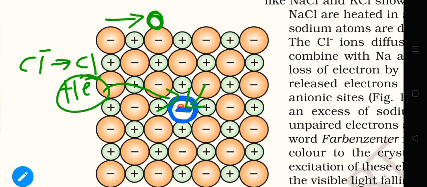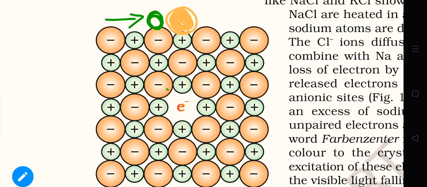And then it will move on the surface and occupy an adjacent location from sodium. That means this type of situation will occur. At the original location of Cl minus, we now have one electron released from Cl. And now on the surface, what will happen?